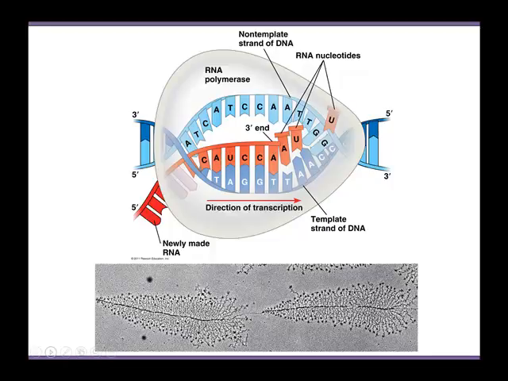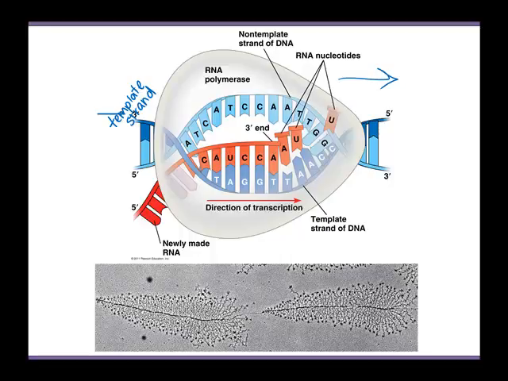Here's a closer look at what actually happens inside RNA polymerase. Alright, so here's our template strand in dark blue. The non-template strand, the strand that we are ignoring, is in light blue. RNA polymerase is moving from left to right in this image.